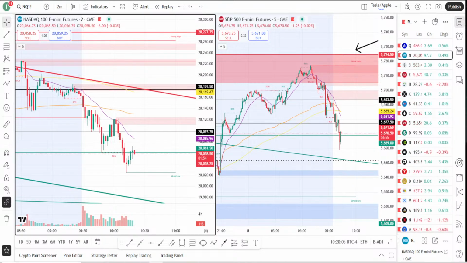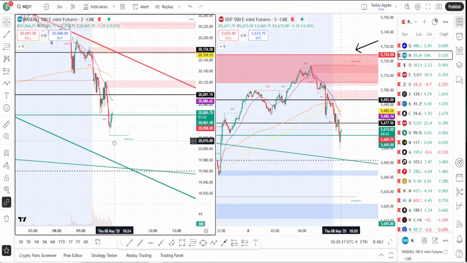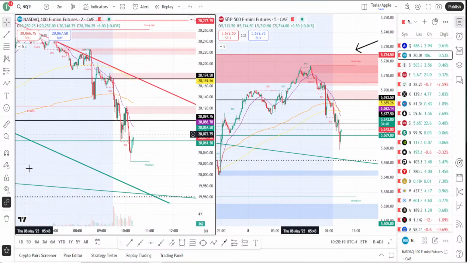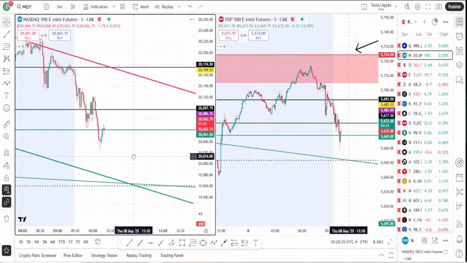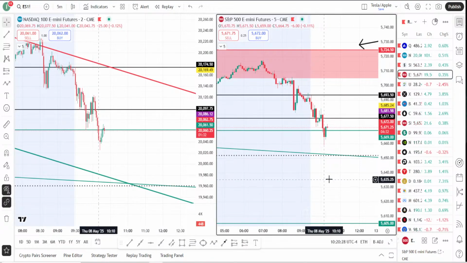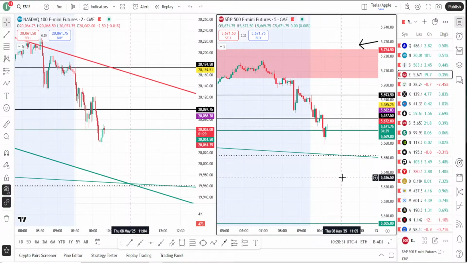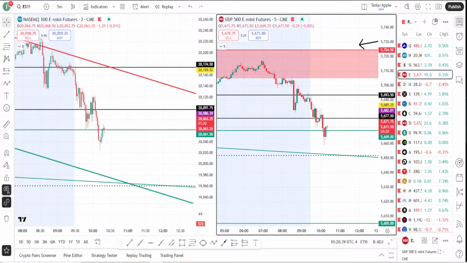Market's looking like it wants to reverse. This is mostly a waiting game here.